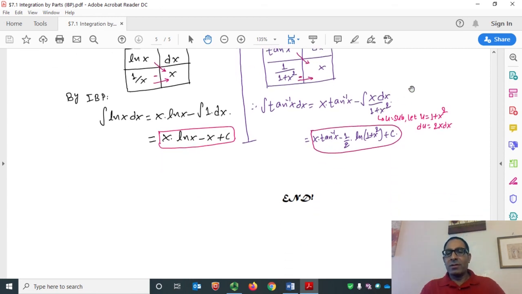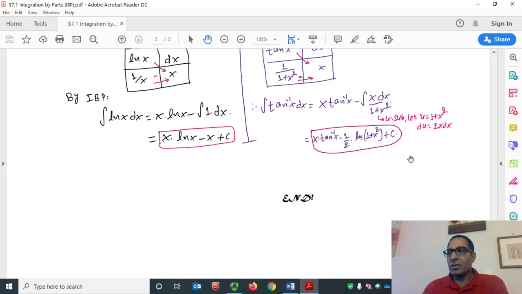The new integral is a good candidate for u substitution, so put u equals 1 plus x squared, then its derivative turns out to be 2x dx equals du. Then divide both sides by 2, so x dx equals du over 2. Then rewrite this integral in terms of u, then this becomes minus 1/2 du over u.